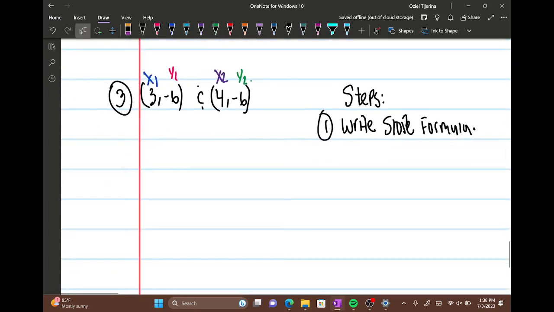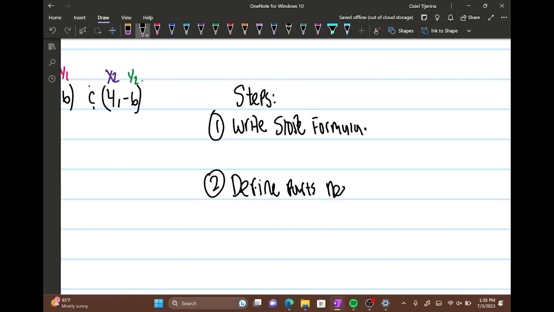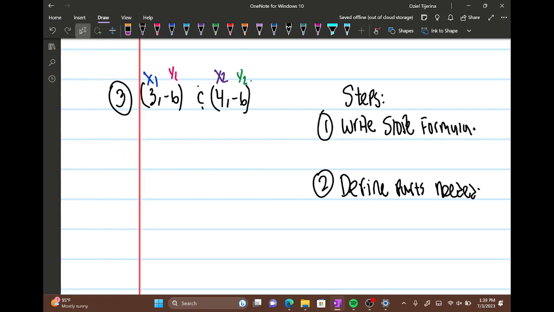So again, I'm going to define my parts here. So number 2 would be to define the parts needed for the formula. In this case, it'd be like literally label, just like we did in the last problem.